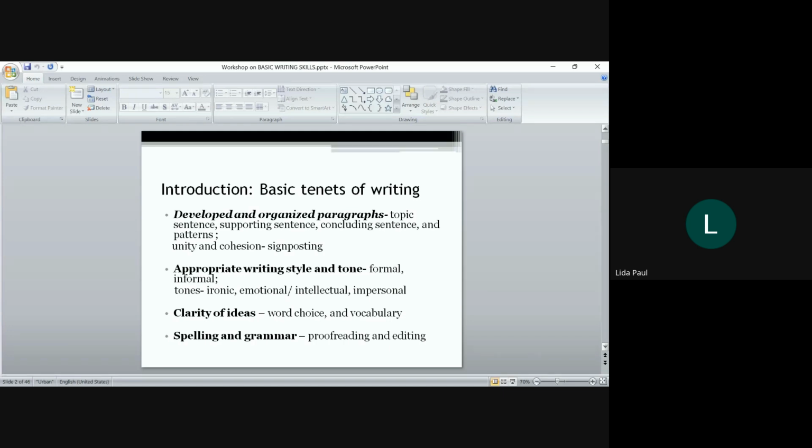Third, of course, is clarity of ideas. Of course, clarity of ideas is very commonly related to your choice of words and vocabulary, right?